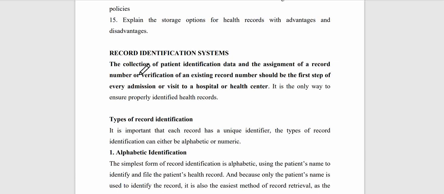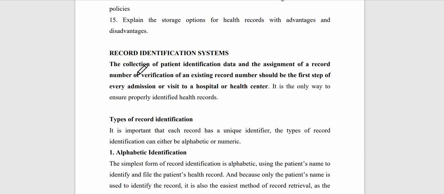The collection of patients' identification data and the assignment of a record number or verification of an existing record number should be the first steps of every admission or visit to a hospital or health center. It is the only way to ensure properly identified health records.